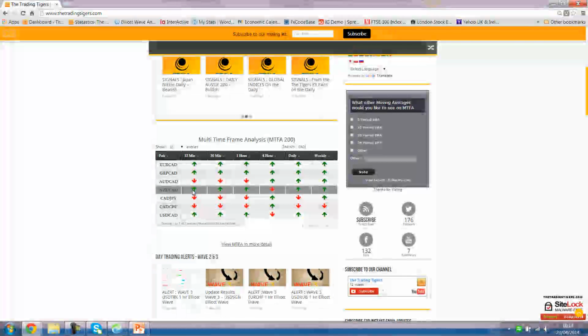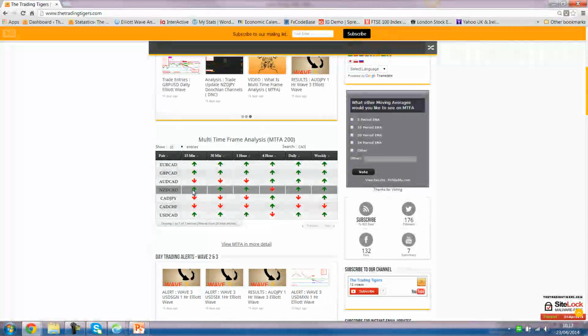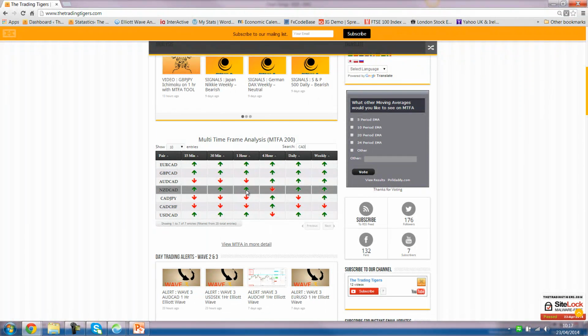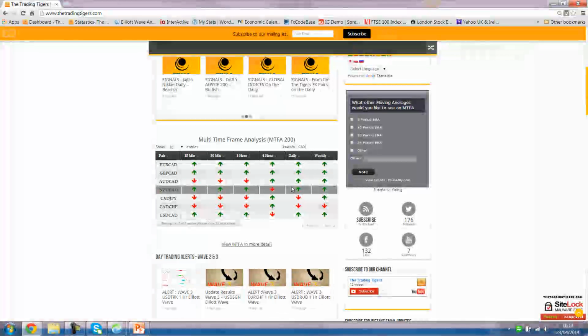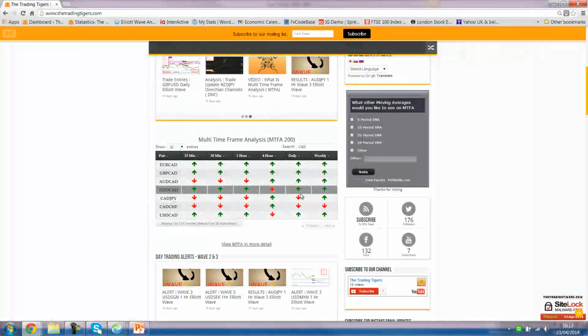So price is above the 200, so it's bullish on the 15, bullish on the 30, bullish on the 1 hour, bearish on the 4 hour, bullish on the daily, and bullish on the weekly.